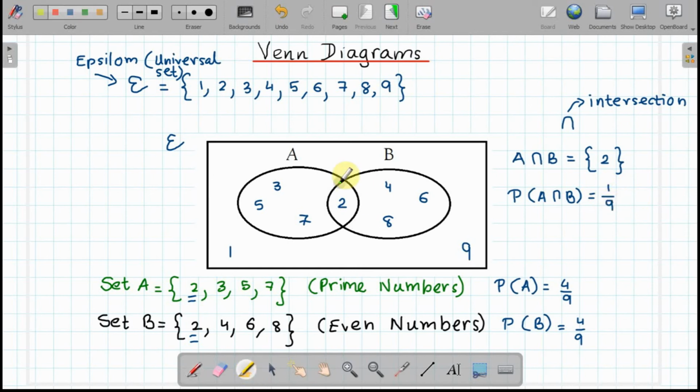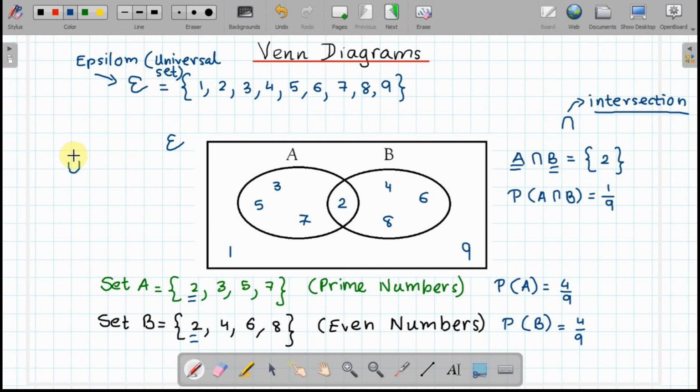Now, another thing we are going to look at is something called a union. Let's take a step back. For something to be part of the intersection, which is this part here, it has to fulfill both the conditions of A and of B. A union, however, is slightly different. A union looks like a U here.